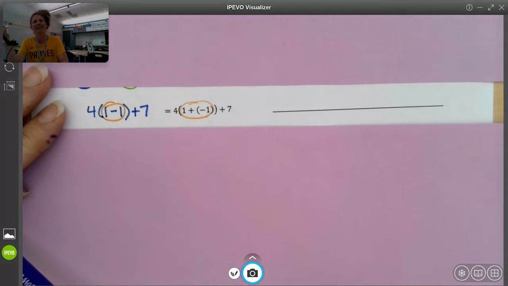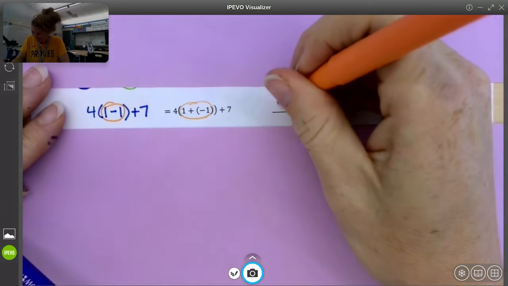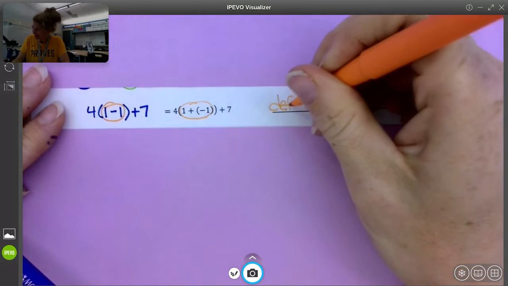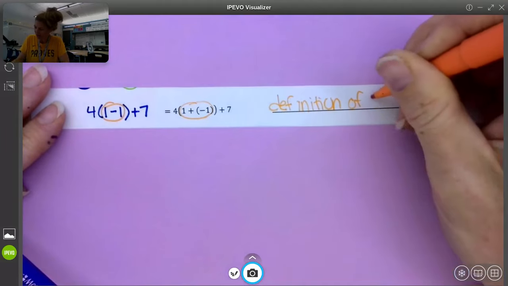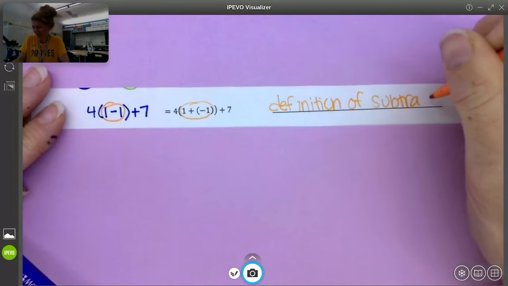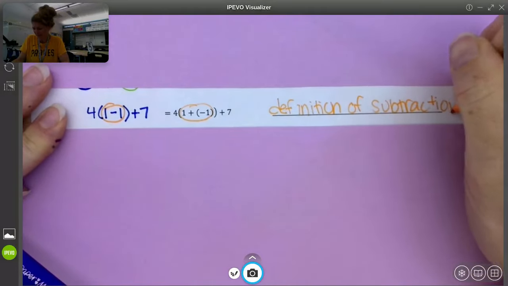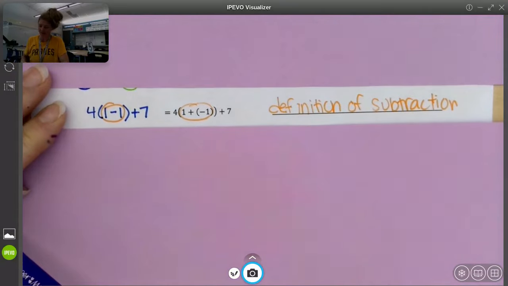Oh, so what tells me that I can turn subtracting 1 into adding negative 1? Subtracting a number is the same as adding its opposite. Definition of subtraction. Ah, perfect. Definition of subtraction. There's going to be some think time.